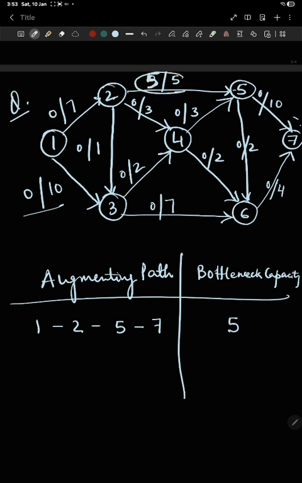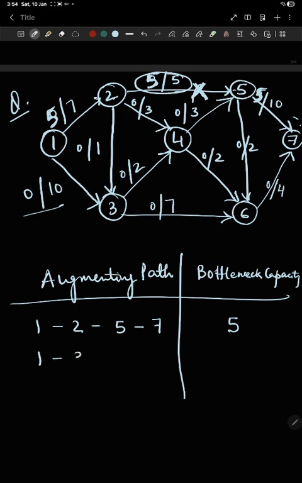This path would be filled, so you'll cancel this path. So it is 5 out of 7, and 5 out of 10. Only this path gets cancelled because it gets filled, 5 out of 5.